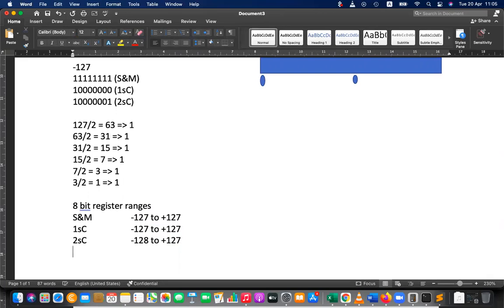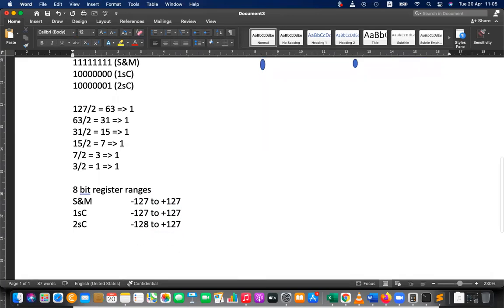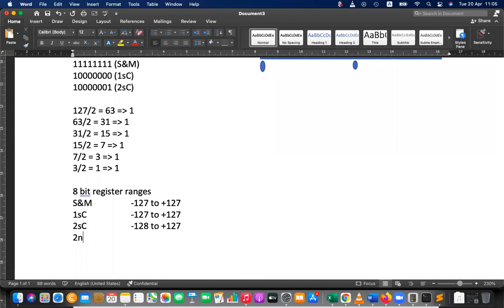Sometimes they might ask this as an equation. If it is an equation, it is 2 to the power n minus 1, minus 1. That is how you find the normal range, right?